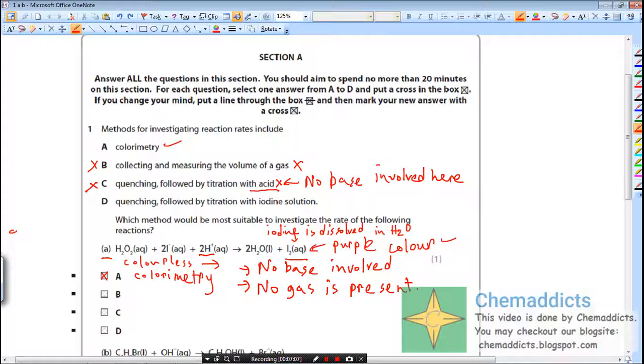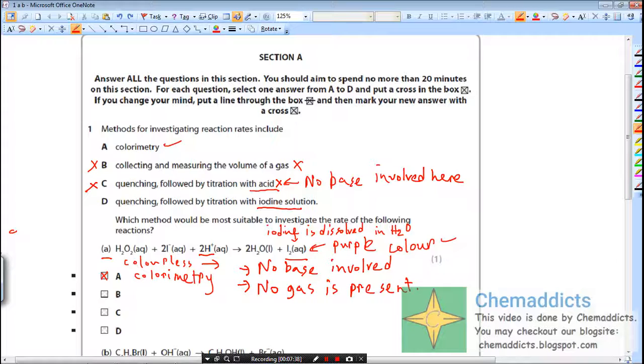So let us check why D is not applicable for this reaction. Quenching followed by titration with iodine solution. They have asked that we investigate the rate of this reaction by quenching followed by titration with iodine solution.